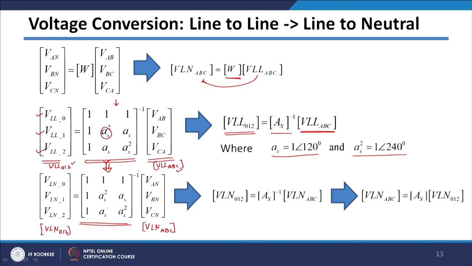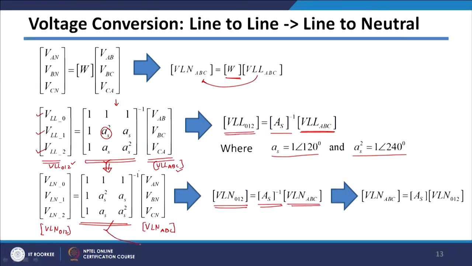I can write these equations in short format: VLN 012 will be equal to AS inverse, this is your AS inverse matrix, times VLN ABC.